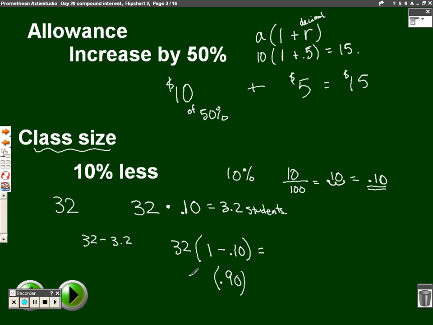So instead of saying I took away 10%, we could also say I'm only going to have 90% of what my class size was, which would be 32 minus 3.2, which is 28.8 students. Again, very hard to have 0.8 of a student, so we'd have to consider this in terms of real students. So either it's 28 or 29, depending on what we want to do. All right, so I'd say it was 28 students because I can't have 8/10.